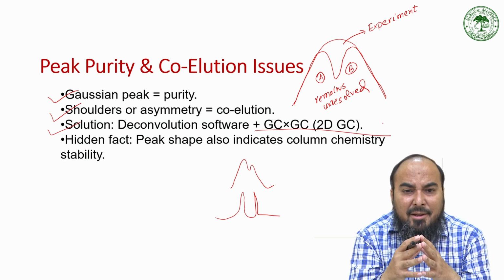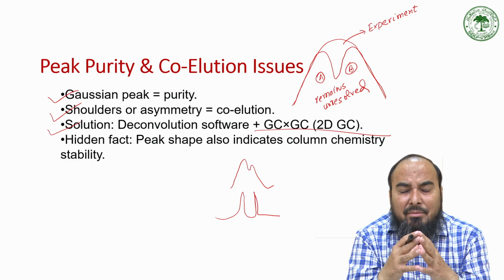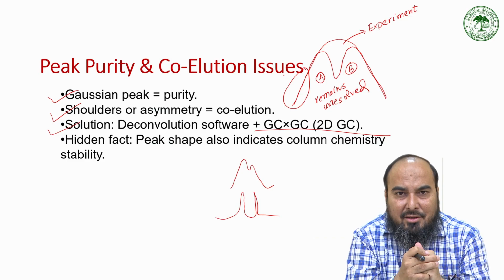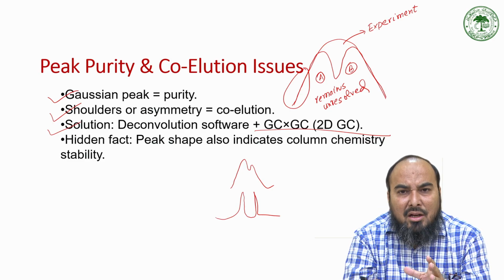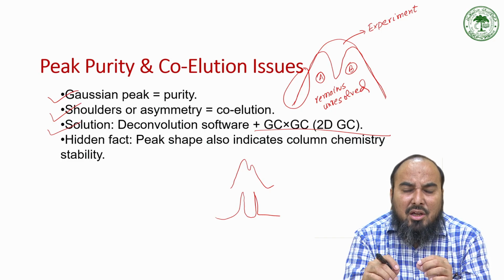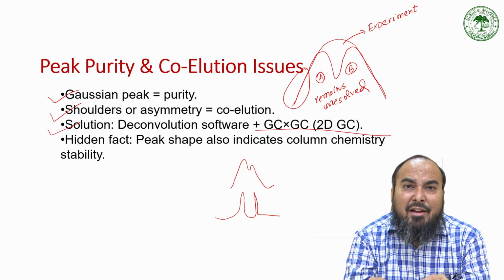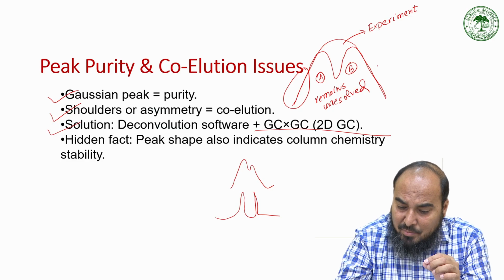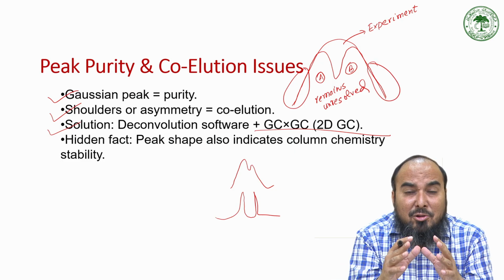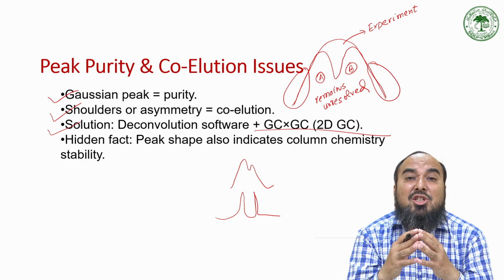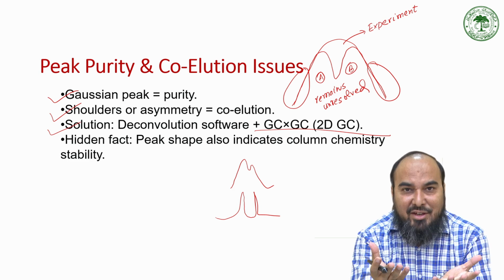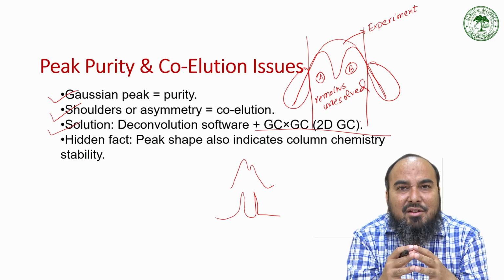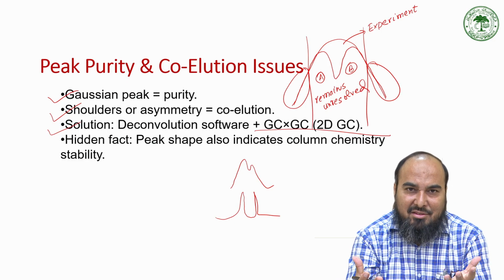So peak shape actually tells you about the column chemistry, because this part is called the fronting part. This part is composed of those eluent molecules which have the strongest interaction with the mobile phase, and this part constitutes those eluting molecules which have a strong interaction with the stationary phase, and the middle one is for intermediate strength.